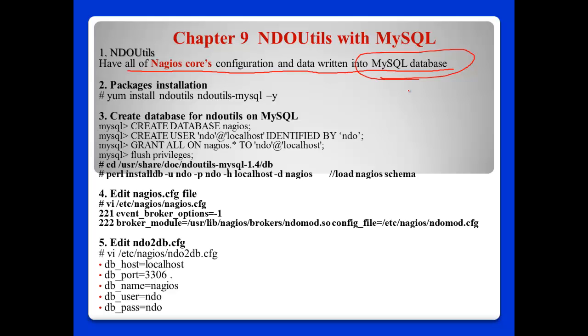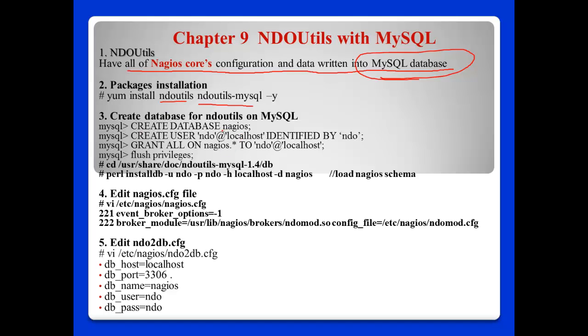Okay, number 2, package installation. If we want to use NDOUtils with MySQL, we have to install 2 kinds of packages, NDOUtils and NDOUtils-MySQL. And after that, we need to create the database to save all data of Nagios.